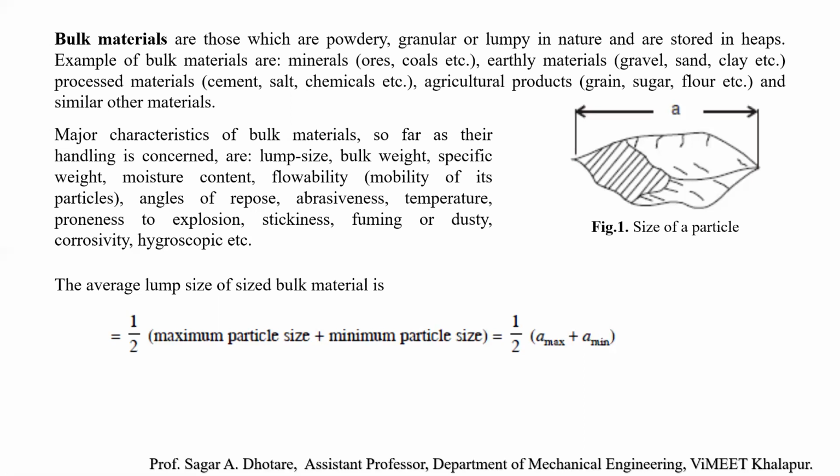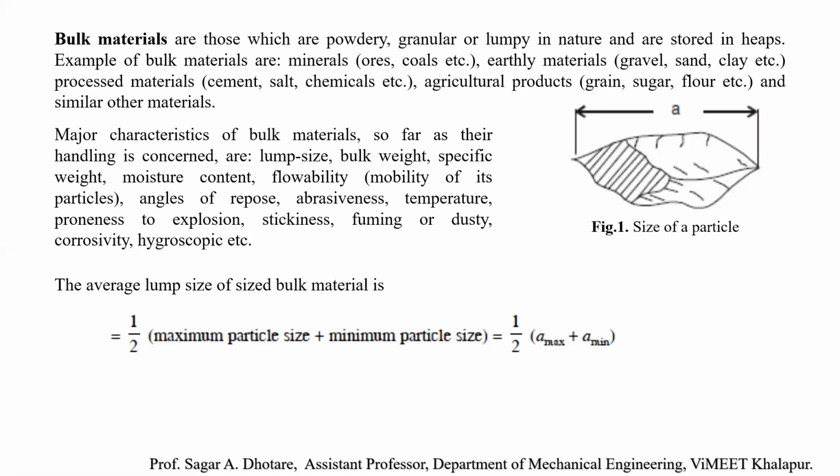The ratio of the bulk density of the packed material to its bulk density before packing is known as the packing coefficient. Its value varies for different bulk materials and lump sizes from 1.05 to 1.52. The bulk density is generally expressed in kg per meter cube.